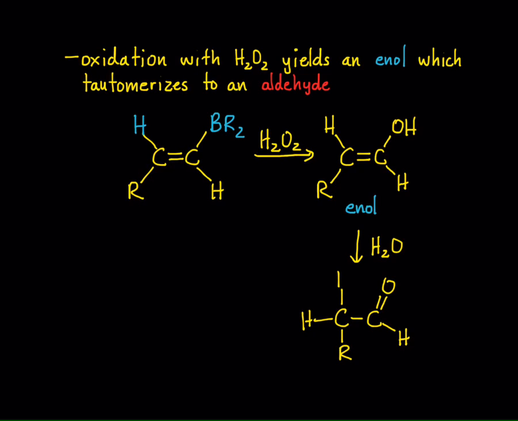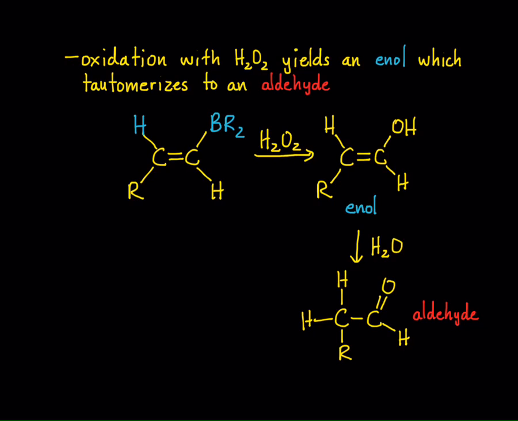That enol in water is going to tautomerize to give an aldehyde, right? So now notice the double bond is on the carbon on the right-hand side, so I now have an aldehyde. So instead of a ketone, I get an aldehyde.